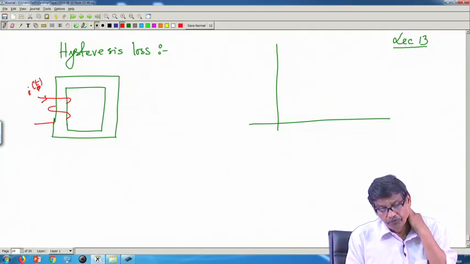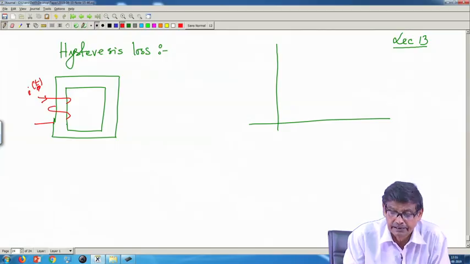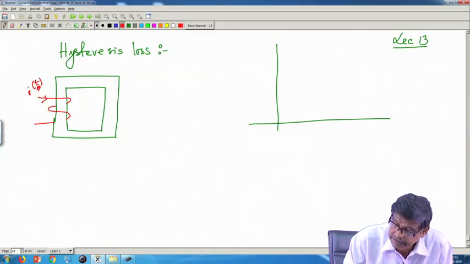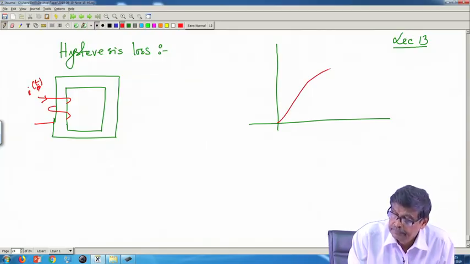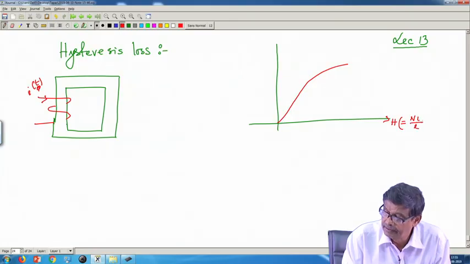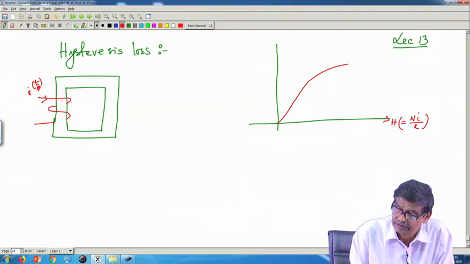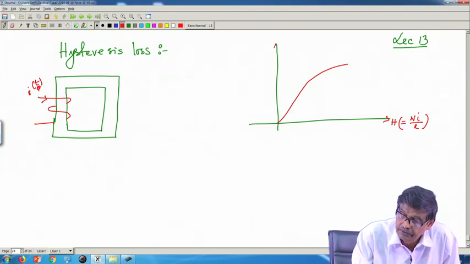Now, so far I have drawn the BH characteristics. Generally it will be like this. This is H, which is equal to N I by L. L is the mean length of the flux path. This we know, and this is your B.